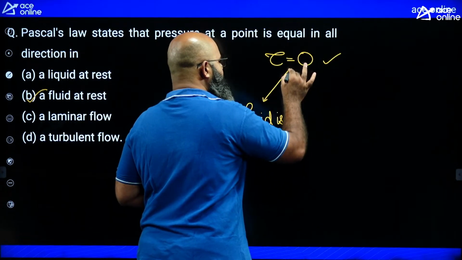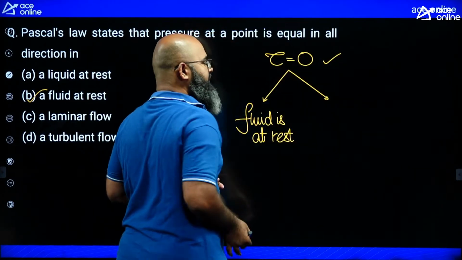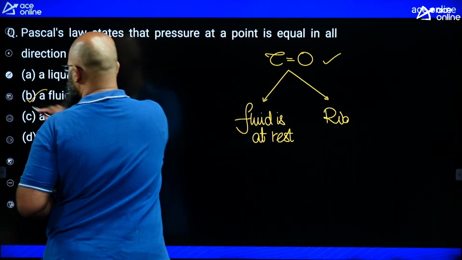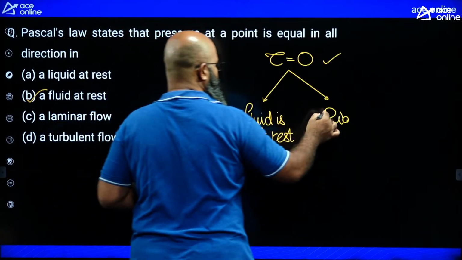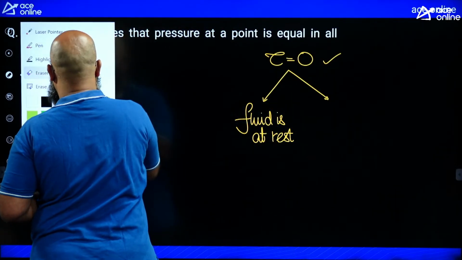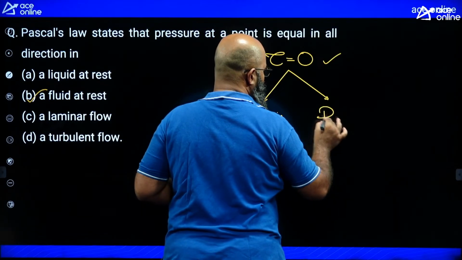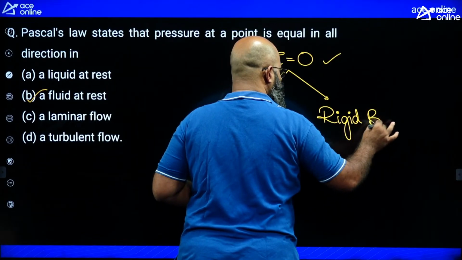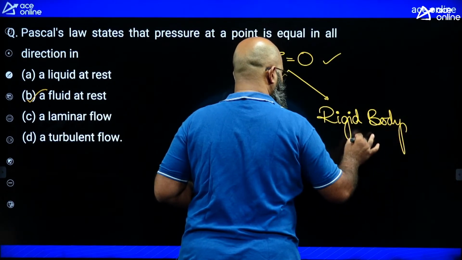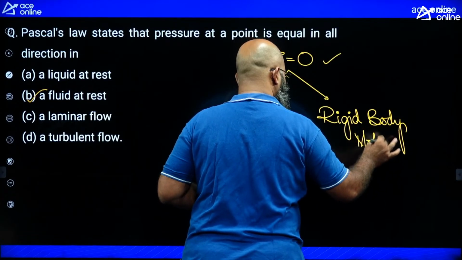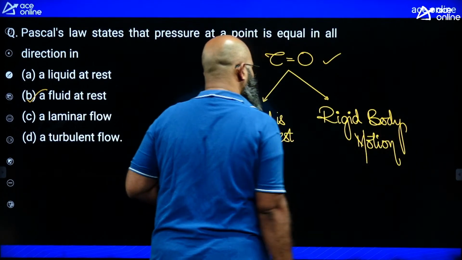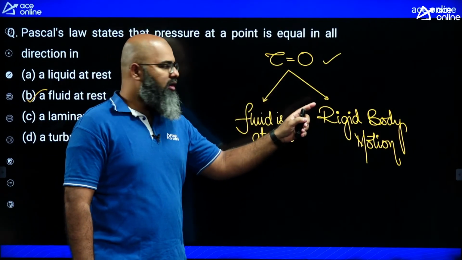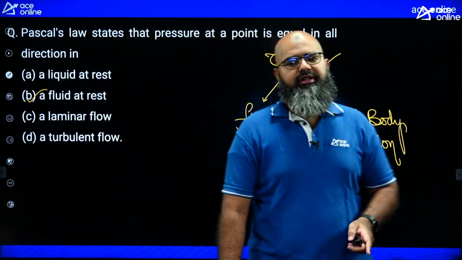There is one more case when the fluid is not at rest, where tau can still be 0, which is called rigid body motion. So it is possible that Pascal's law is valid in motion also, but that kind of motion is called rigid body motion.